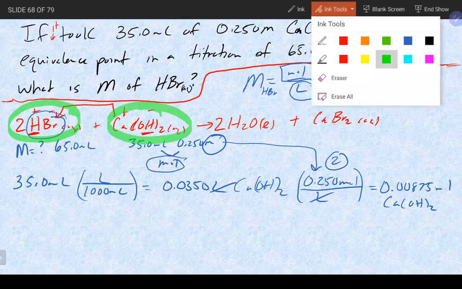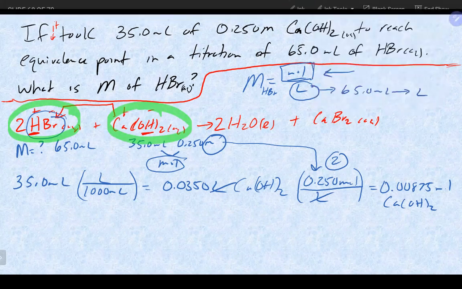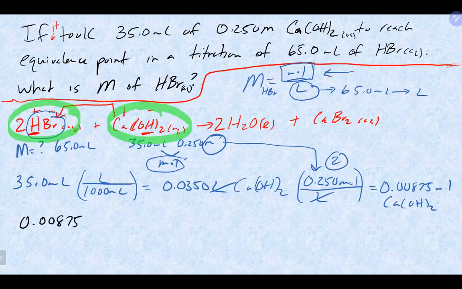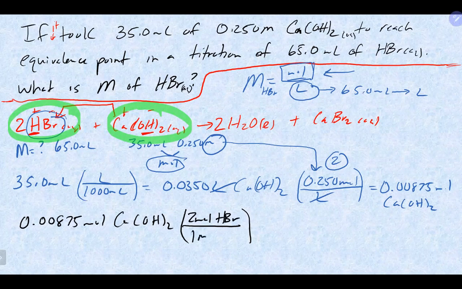So using the stoichiometry to get us to the moles that we need would be our next step, 0.00875 moles of calcium hydroxide. From the equation, 2 moles of HBr, which is what we need to find, has 1 mole of calcium hydroxide.